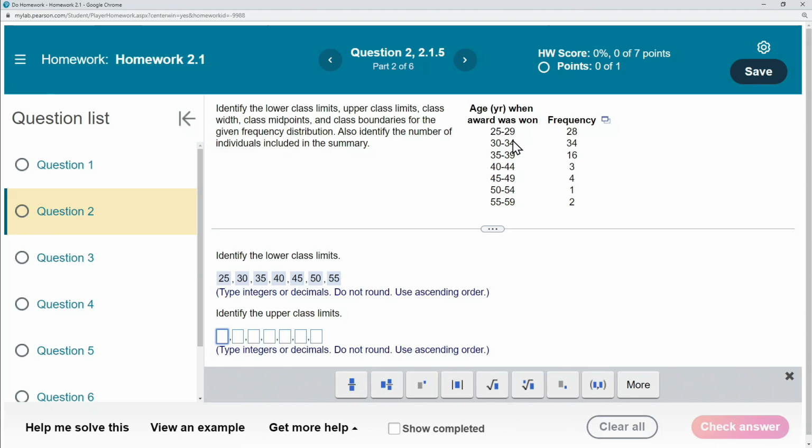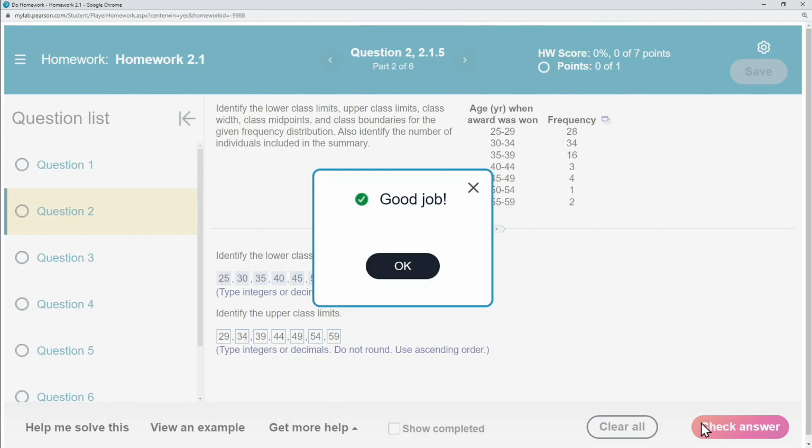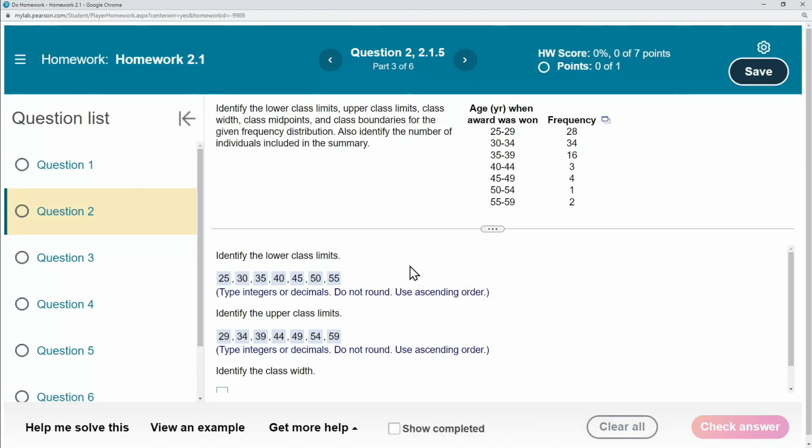Upper class limits are going to start with 29. So we're going to have 29, and then 34, 39, and so forth: 44, 49, 54, and 59. Once we've typed them all in and made sure we typed them correctly, we click check answer. It said good job, okay.